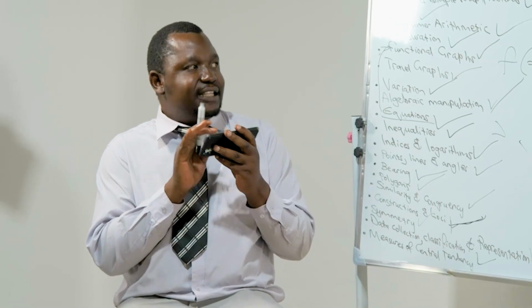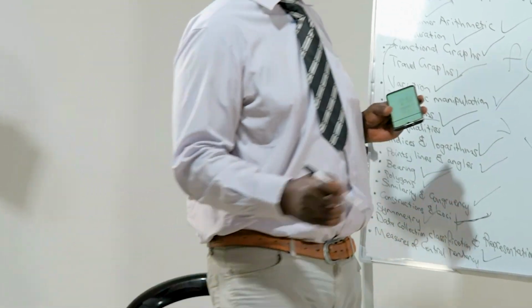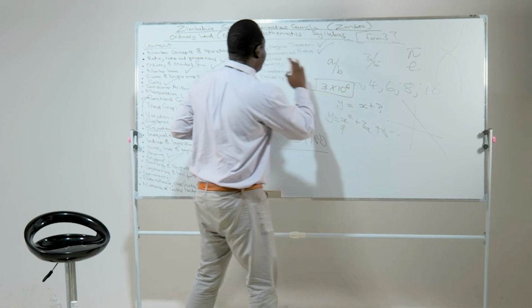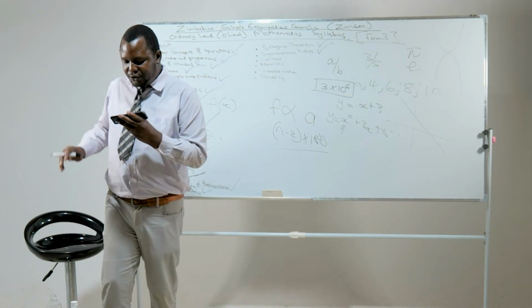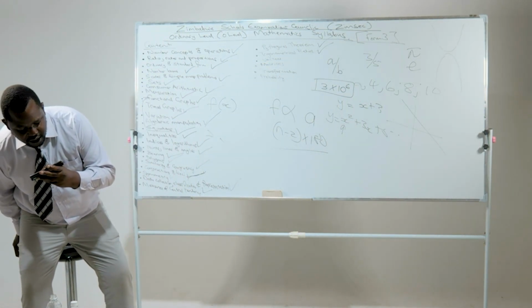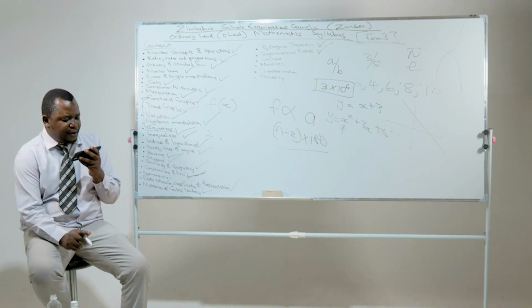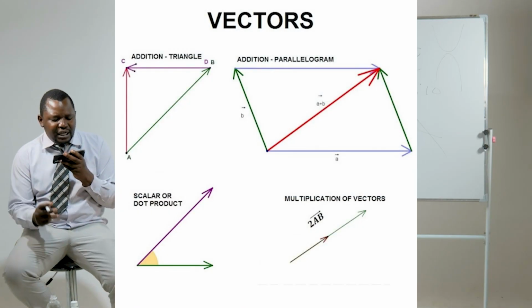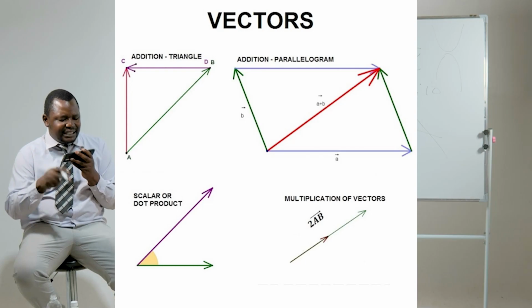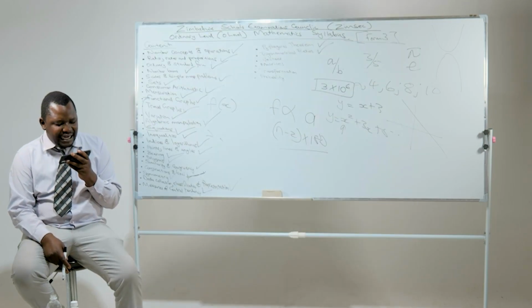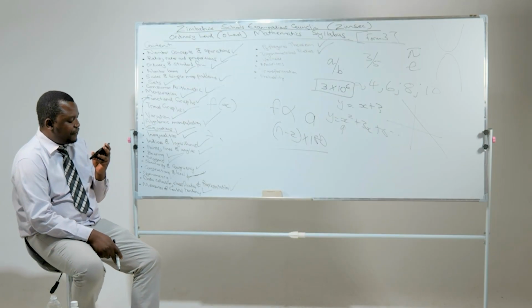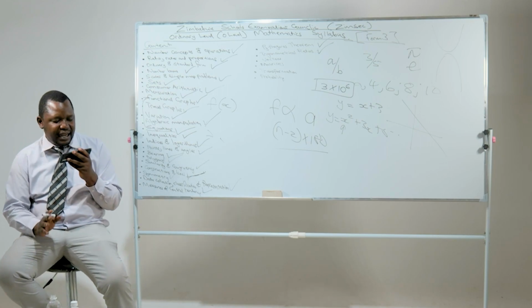Right. Let's look at vector geometry. Under vector geometry, the first objective is as follows. You need to describe the types of vectors, to represent types of vectors on the Cartesian plane, to identify the various types of vectors on the Cartesian plane.